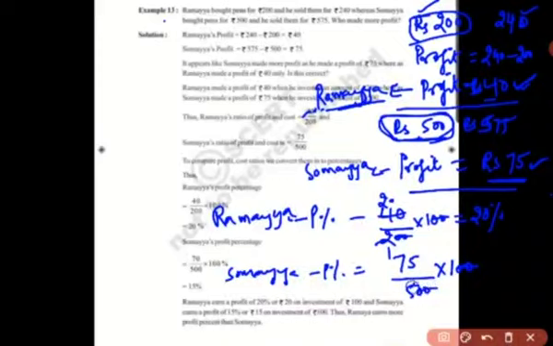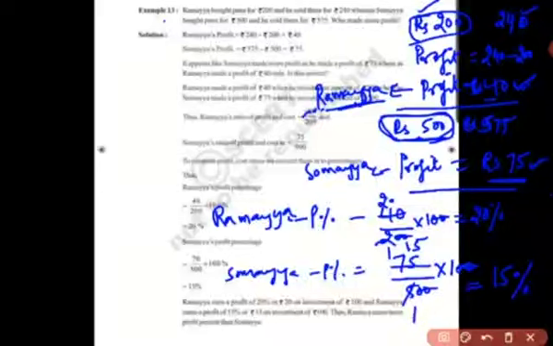So I've cancelled this. 5 1s are 5, 5 1s are 5, 6 7, 5 5s are 25. So Somaya has got the profit percentage of 15%. See, so Ramaya has got more profit, that is he got 20% profit, whereas Somaya got 15% profit.